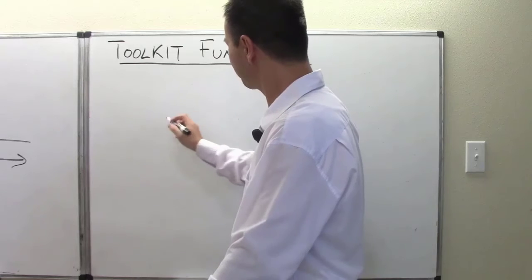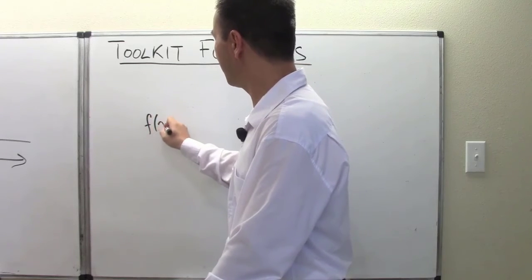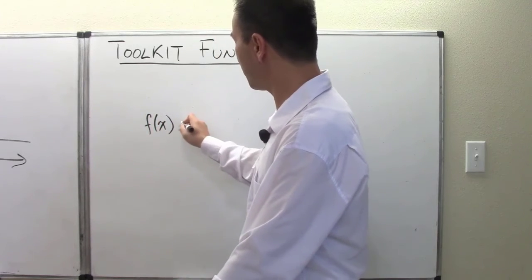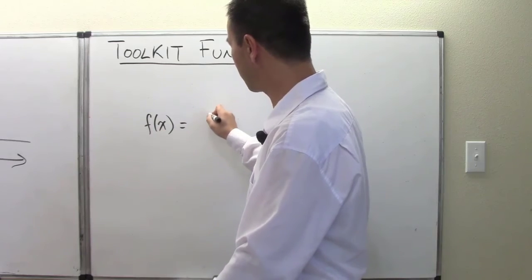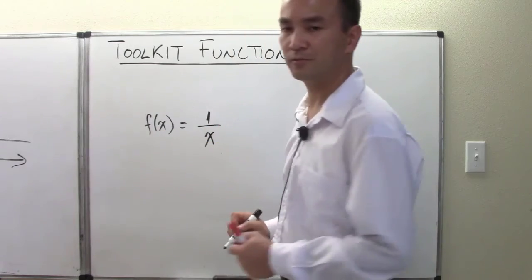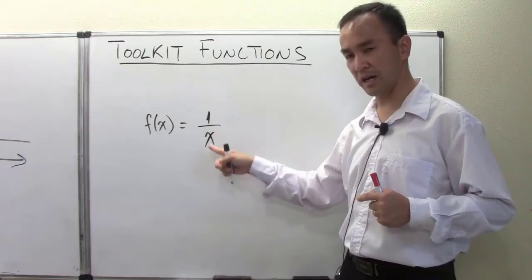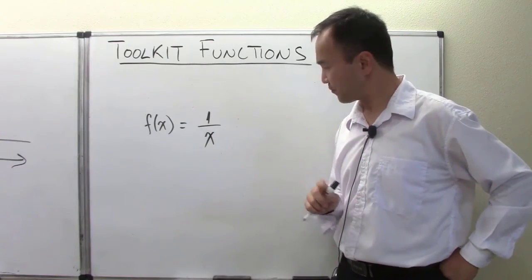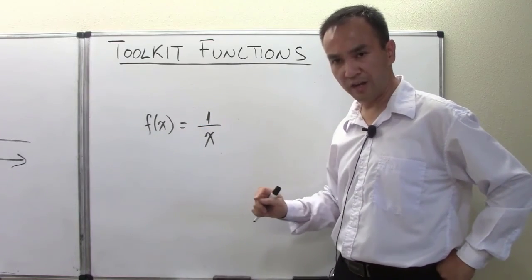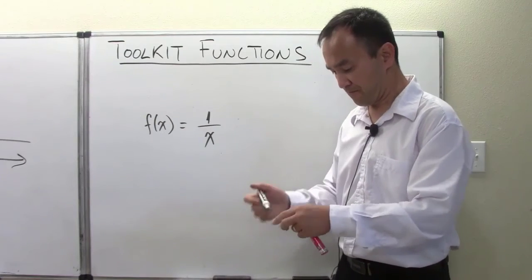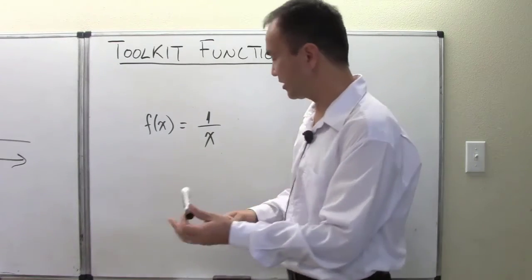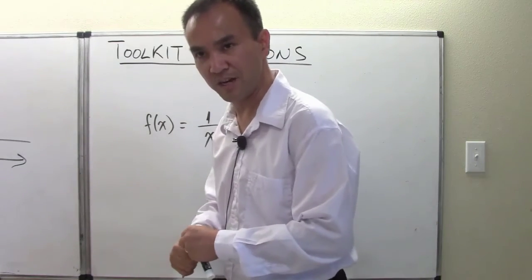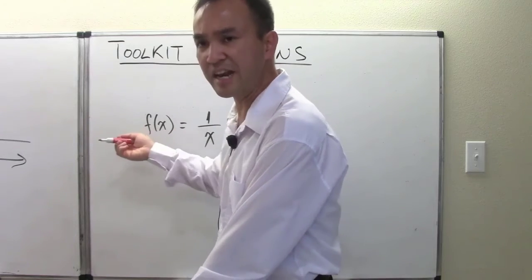And now I am going to introduce another ToolKit function. f of x equals 1 over x, with the rule 1 divided by the input. So f of x equals 1 over x. With this function, I agree with many of the authors out there on the name for this function.